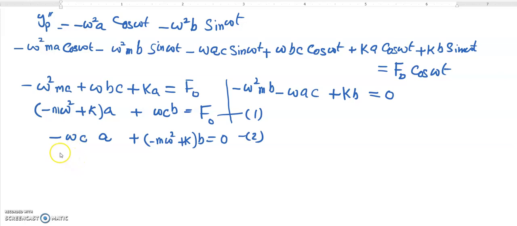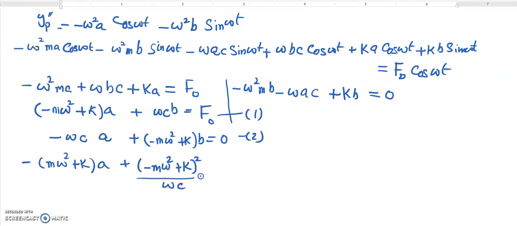So what I will get over here is minus m omega square plus k times a. And then omega c will be divided. So it will be minus m omega square plus k squared divided by omega c, that is b, equal to 0. So now I get this third equation.